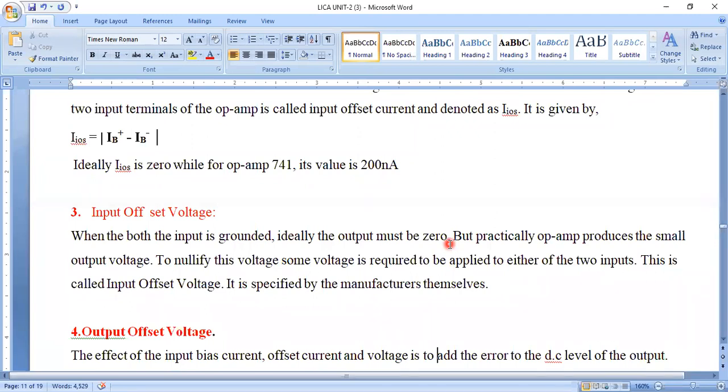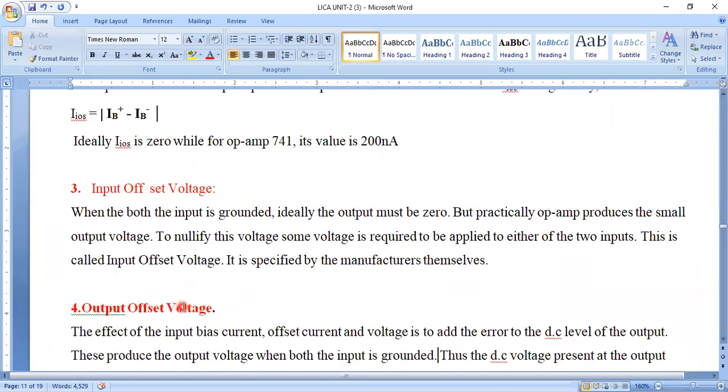So to nullify this voltage, some voltage has to be applied to either of the two inputs. This is called the input offset voltage. That means here the objective is to nullify the offset voltages.